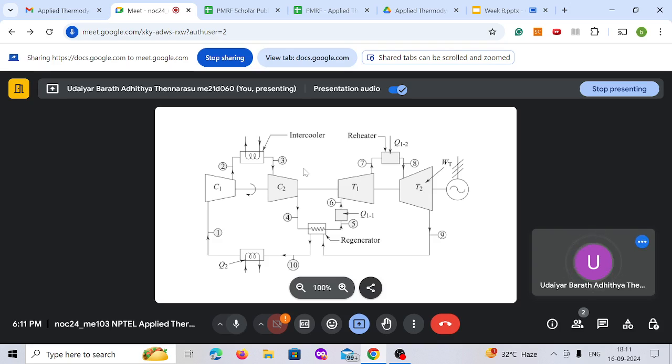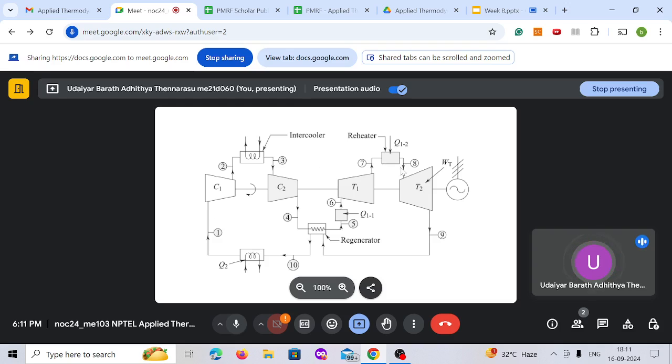So that was one of the constraints which was to be addressed. In the Brayton cycle, similar processes are also employed. You have an intercooler in the compressor to reduce the total work there, a reheater in the turbine to increase your net work, and also a regenerator, which we saw similarly.